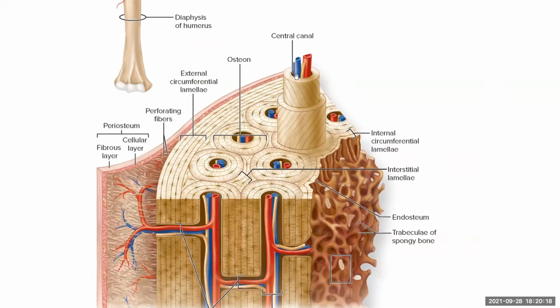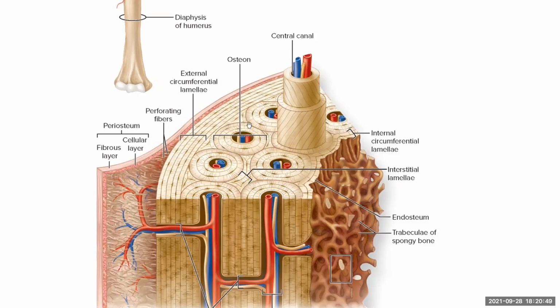And in the central canal, that's where we'll see our blood vessels and nerves. These black lines are the collagen fibers. Notice how this layer of collagen fibers is perpendicular, or 90 degrees, to this layer. So 45 and 45 is 90. They're going to be perpendicular to one another.